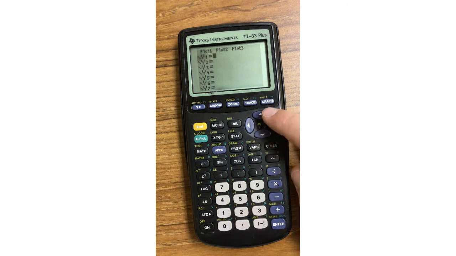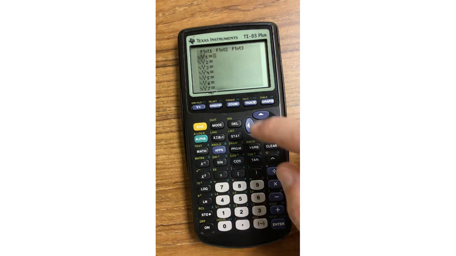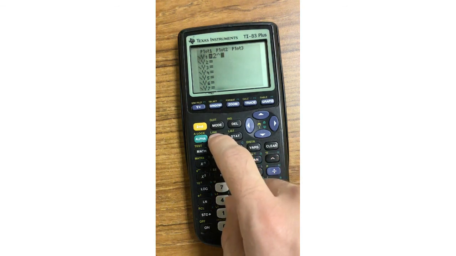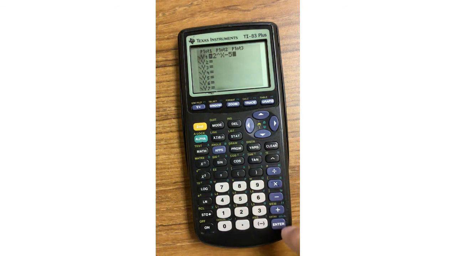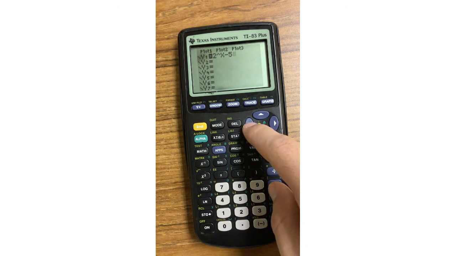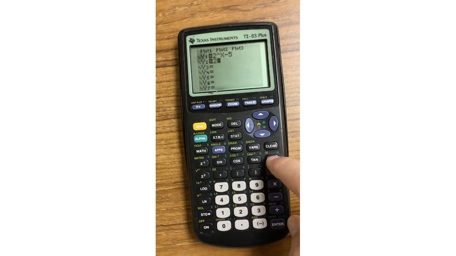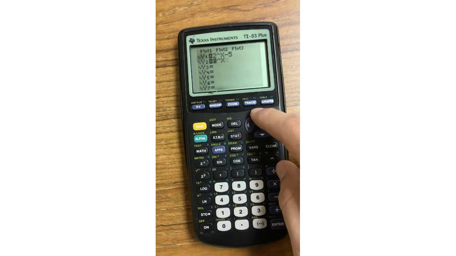And then for number 18, we'll do 2 to the power of X minus 5. And I'm just going to go ahead and do the same thing. I'll say 2 to the power of x, my parent function.